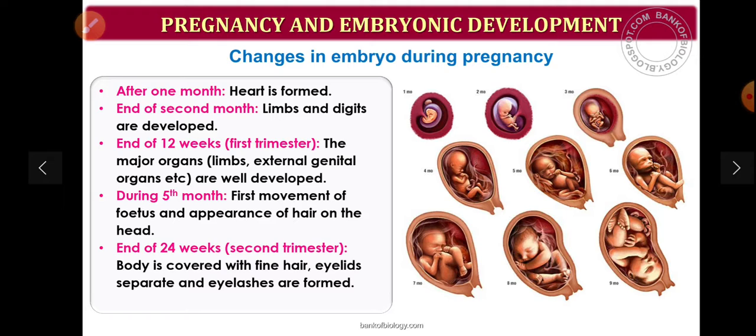Sex organs develop and gender can be distinguished within the second month. Arms and legs form and grow. The heart begins to beat. The weight of the embryo is approximately 3 grams, and the length will be approximately 2.5 centimeters.